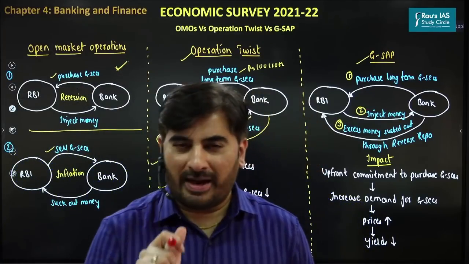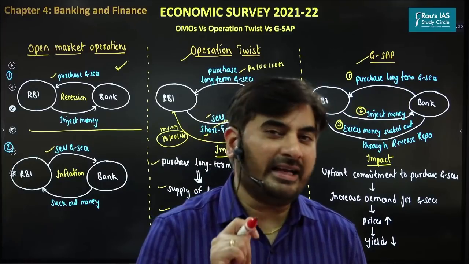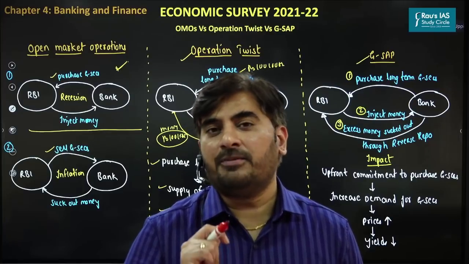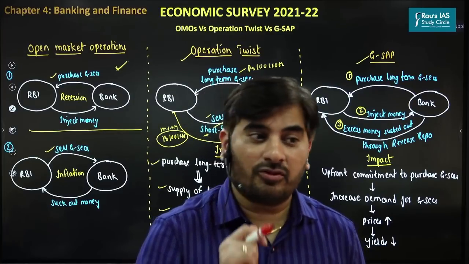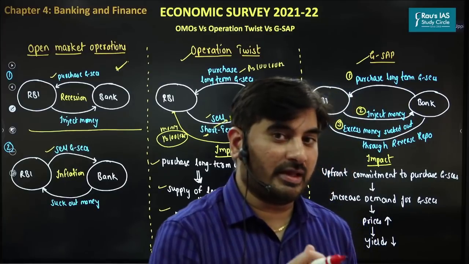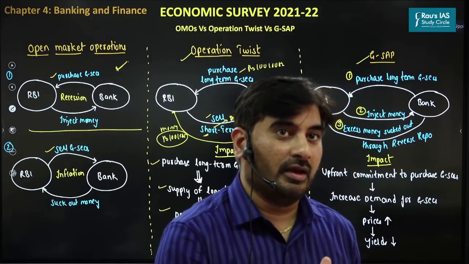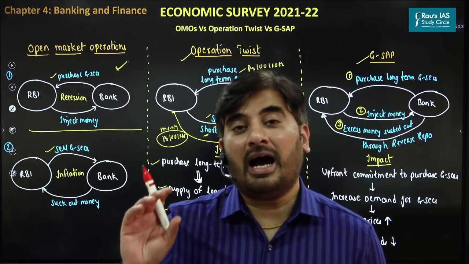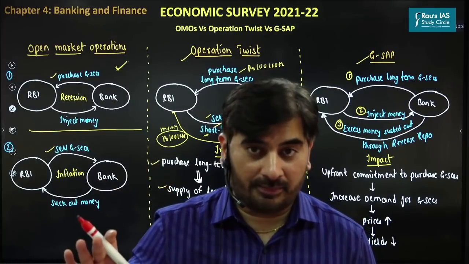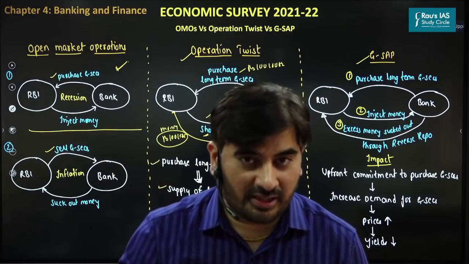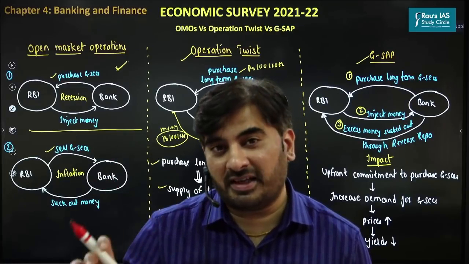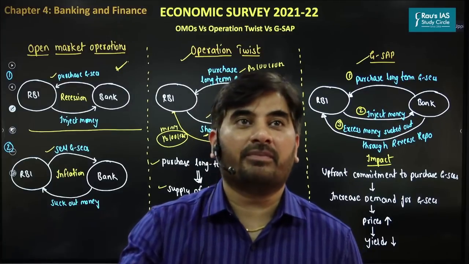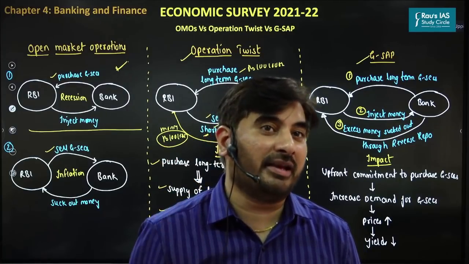In case of open market operation, the market participants, that is banks and financial institutions, have absolutely no idea as to how much government securities the RBI is going to purchase from them, when it is going to purchase from them. But in case of GSAP, RBI gives an upfront commitment to the banks, to the financial institutions, that it is going to purchase a certain amount of government securities in a particular time frame. An upfront commitment is given by the RBI.